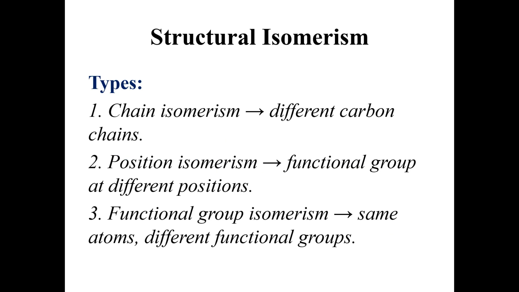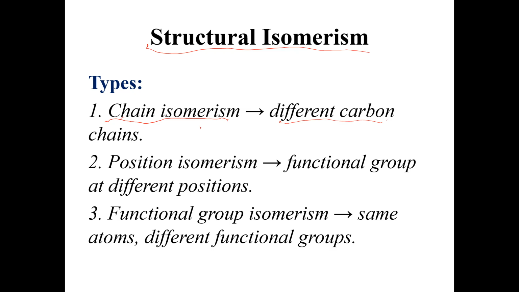Let's dive direct to structural isomerism. We have three types of structural isomerism. We have already seen that in structural isomerism, atoms are attached differently. Now, we have those where the atoms are arranged in chains. They form different carbon chains, and that one we call chain isomerism.